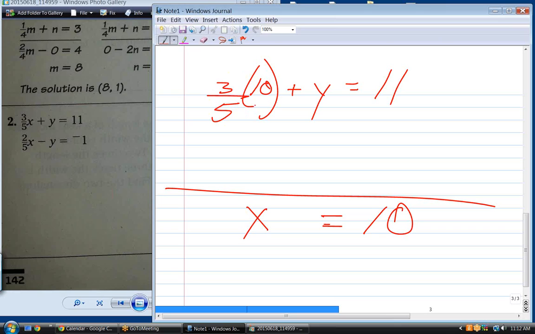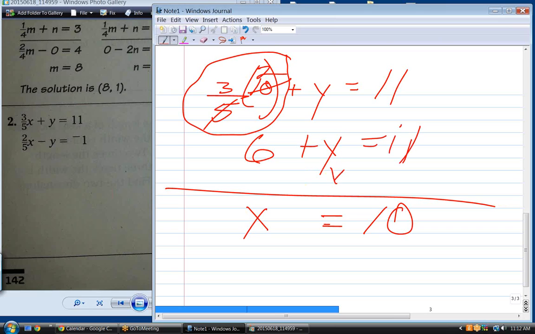In other words, when I'm looking to simplify that, I'm looking for anything that divides into top and bottom evenly. 3 doesn't, but 5 does. 5 goes into the bottom exactly once, and it goes into the top exactly twice. So I can put a line through that, and put a line through that, and replace it with a 2. Now it's much easier. Now it's what? Yeah, 6 plus y equals 11. One more step, y equals 5.